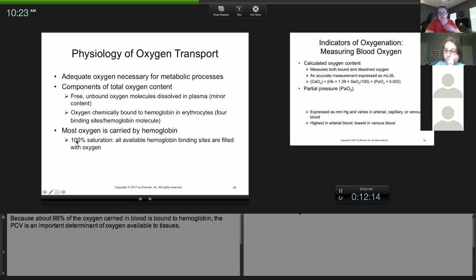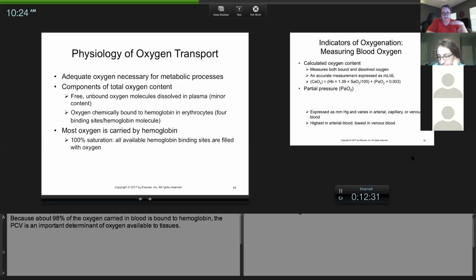Normal oxygenation, you can't go above 100%. Your dog is never 120% oxygenated. As long as they're 100%, that's great. I always say 95 to 100% is normal. That's kind of a standard across species.